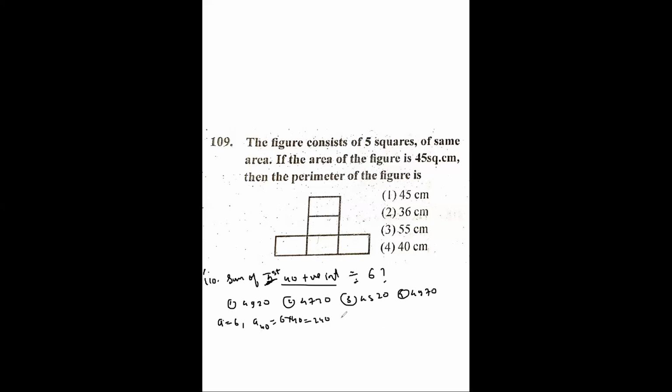They have asked us to calculate the sum, so we apply the formula Sn is equal to n by 2 times (a plus an). So n by 2 will be 40 by 2, because 40 integers are there. The a value is 6 and the a40 value is 240.